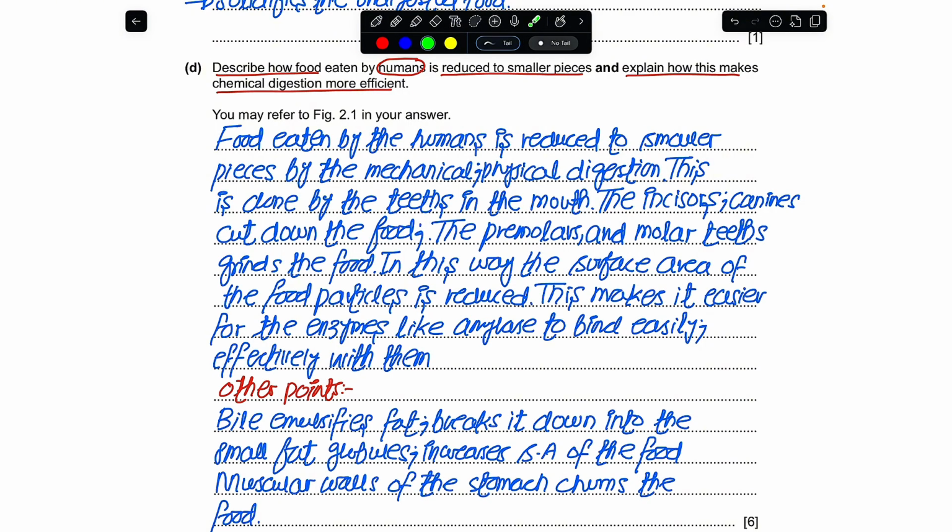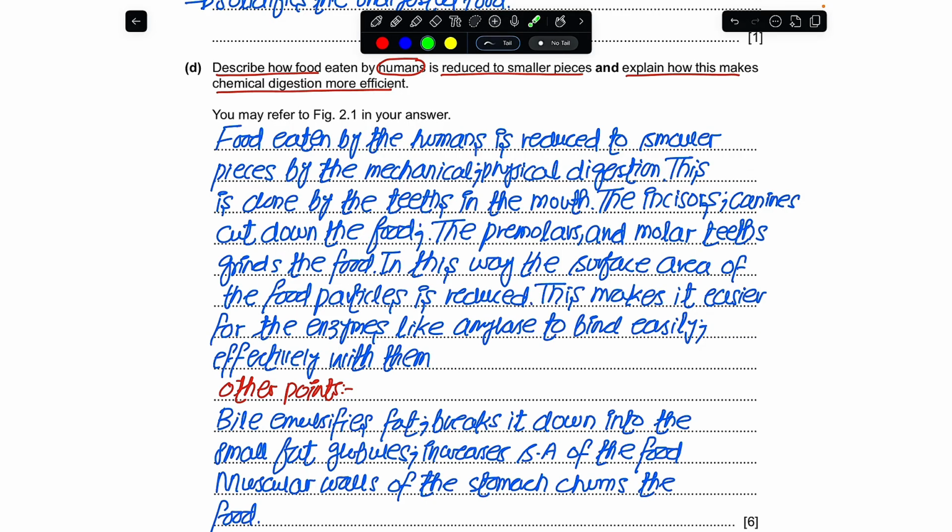So it is again considered physical digestion, where it emulsifies the fat, breaking it down into small fat globules, increasing their surface area, and later making it easier for the lipase enzymes to work effectively on them. So for the same question I have explained three different approaches: in terms of the mouth, in terms of the stomach, and in terms of the bile.